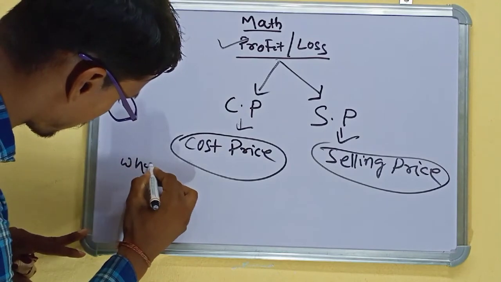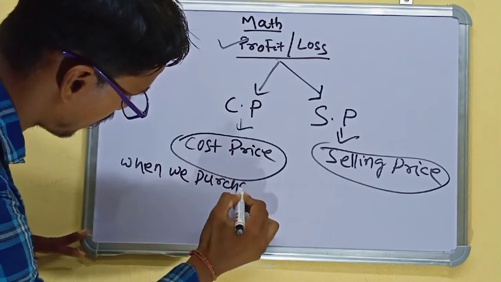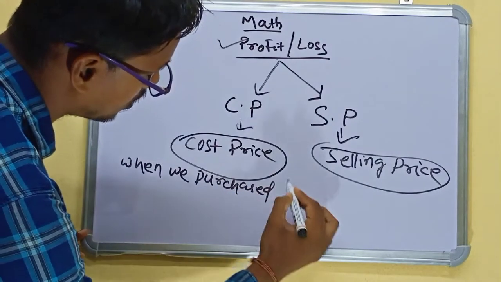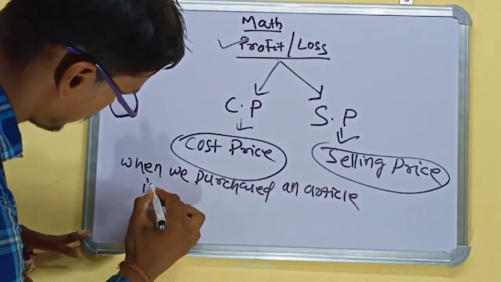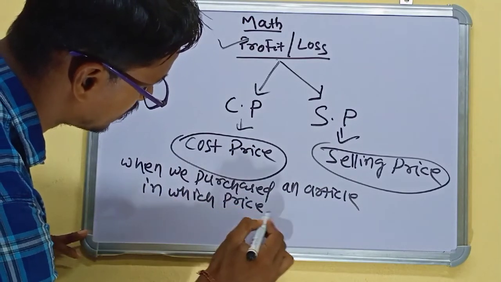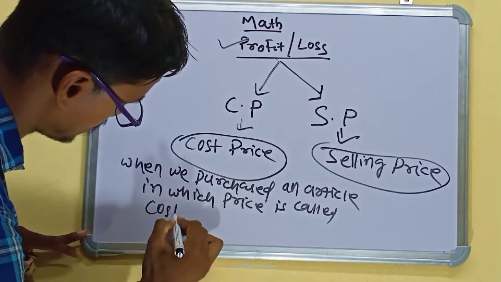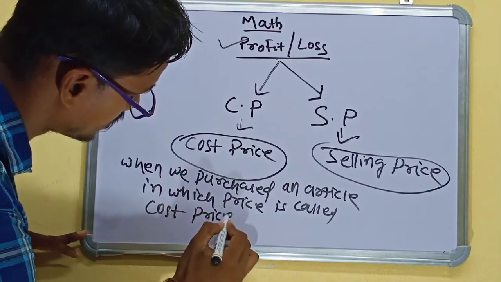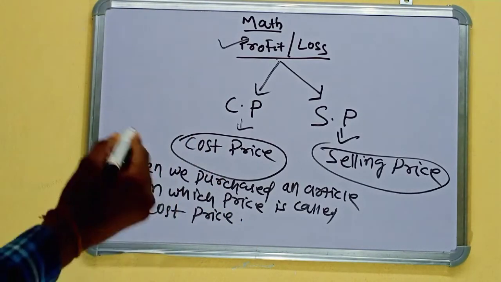When we purchase an article, the price at which we purchase it is called cost price.